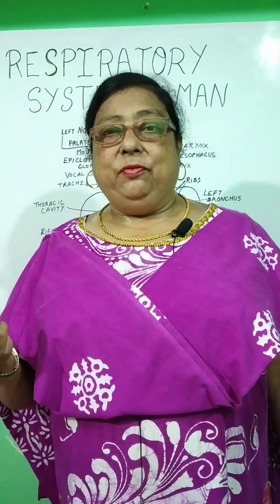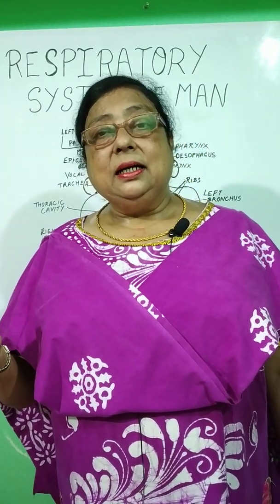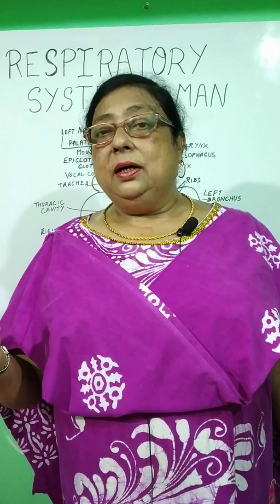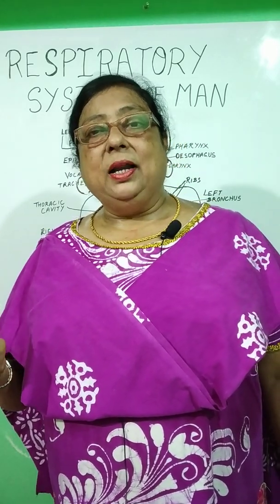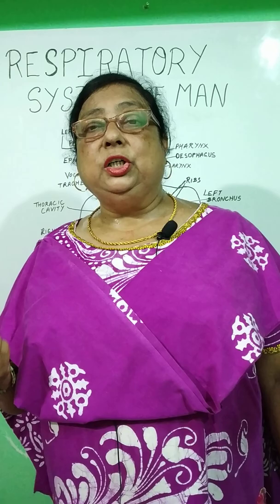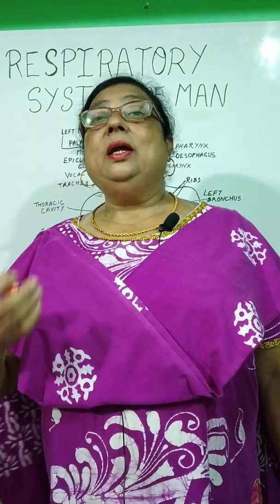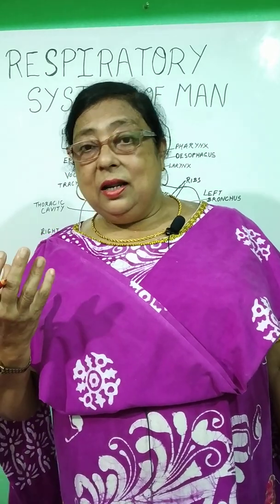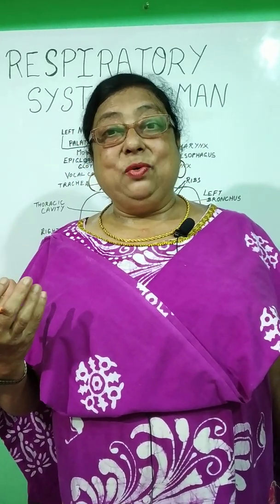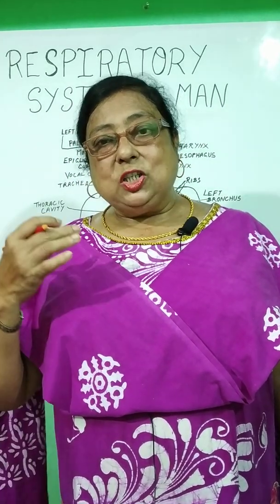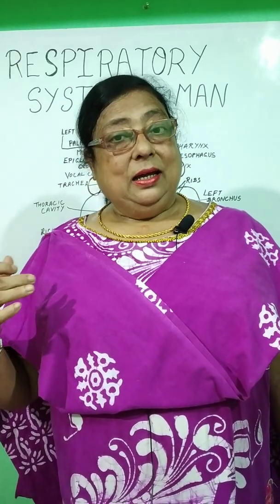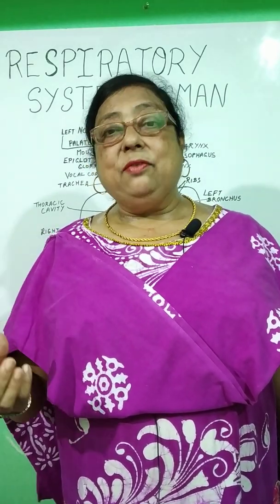Single is alveolus, and these are the units of the lungs. The alveolus is the functional unit of the lung. It is a sac-like structure. So when we engulf air, it will get inflated. It will bulge out. Oxygen will enter the lungs and it gets inflated.